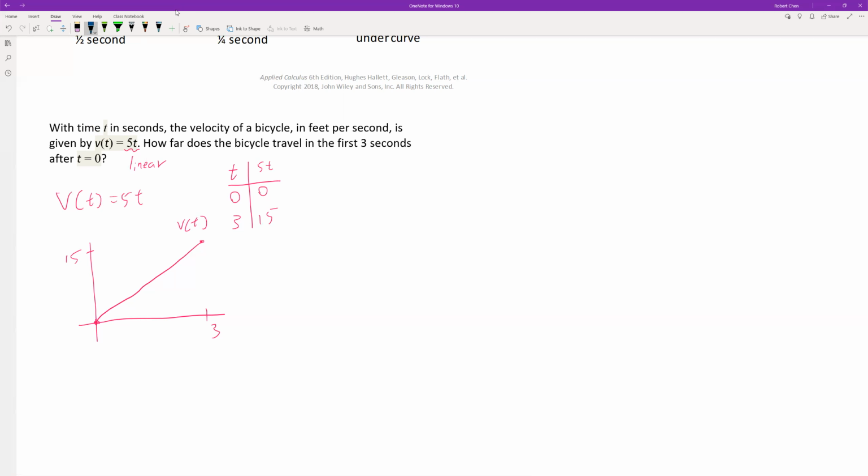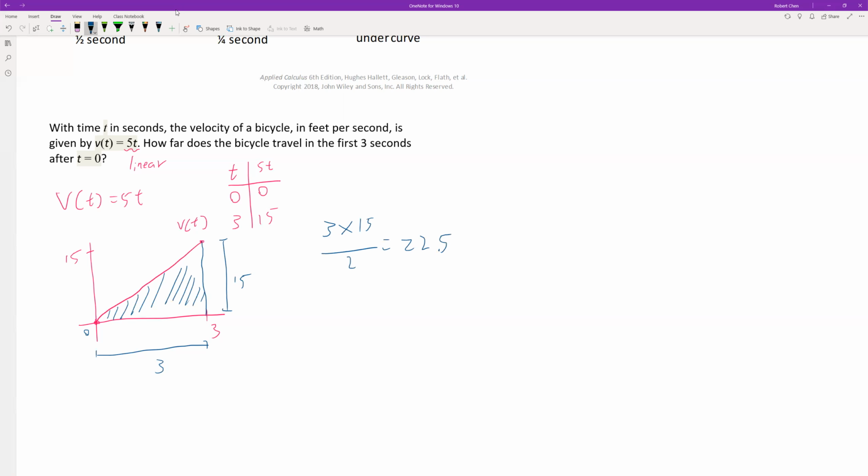To find the distance traveled between time equal to 0 and 3, all we need to do is find the area under the curve between 0 and 3. We actually have a triangle, and all we need to do is find the area of this triangle. This distance is 3, and this distance is 15. So the area of the triangle is just 3 times 15 over 2, which is 22.5.